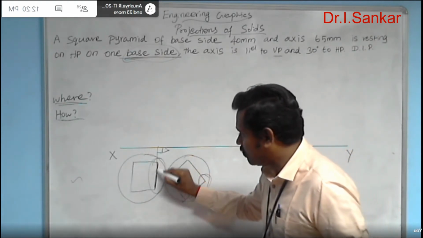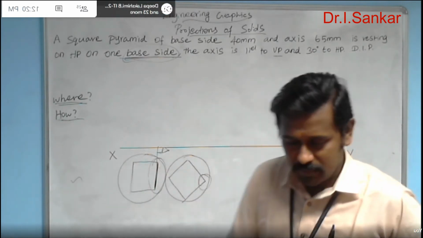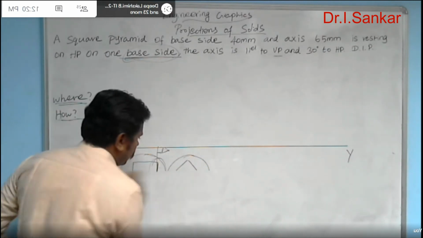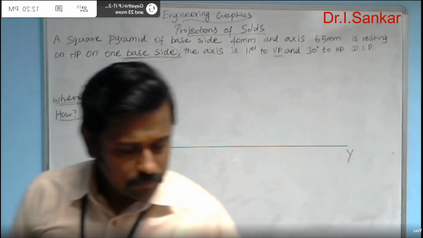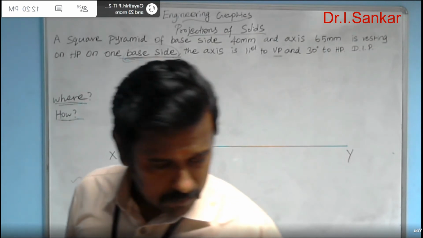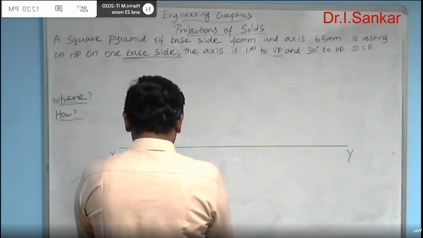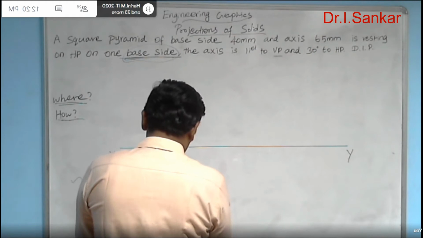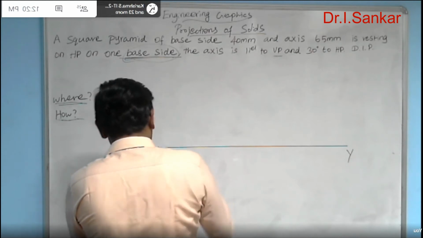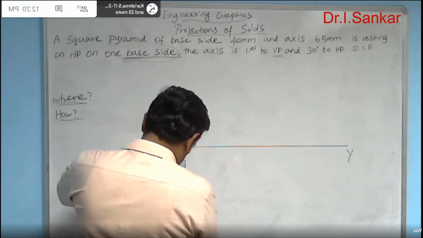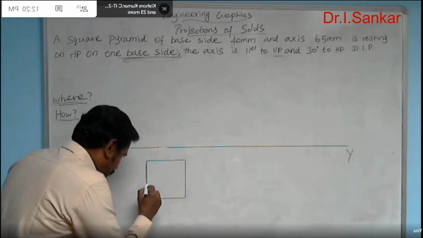So you have to make one base side perpendicular to the XY line, then draw the remaining portions of the square base.